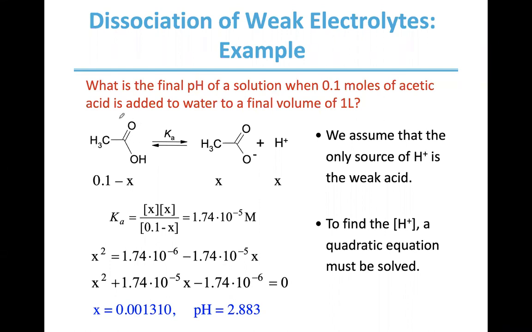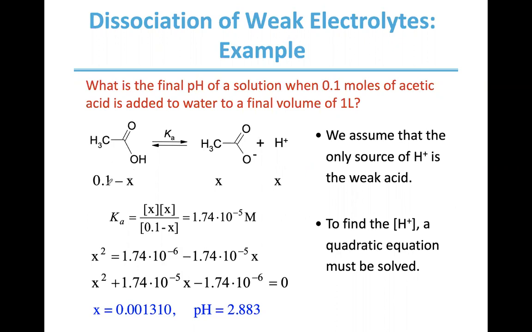All right. Before we add the acetic acid, pH is 7, it's neutral. Now we add acetic acid, 0.1 molar, right? A certain amount of it will dissociate. So this will break down and give an equal number of acetate ions and protons.